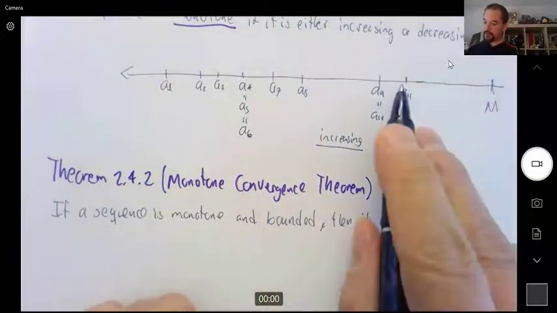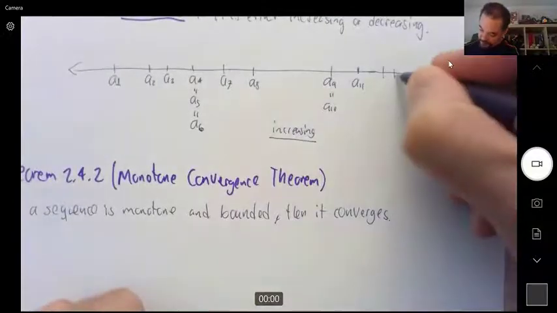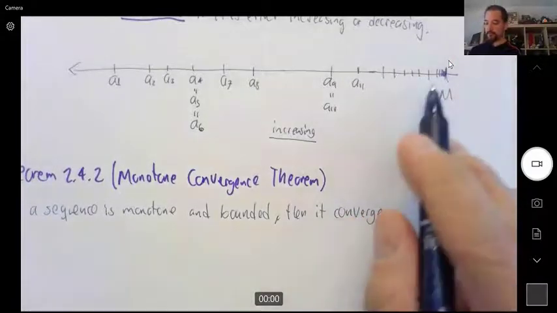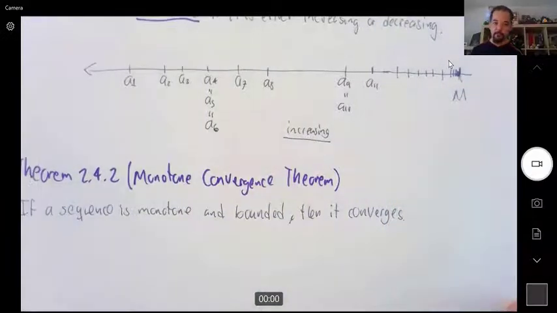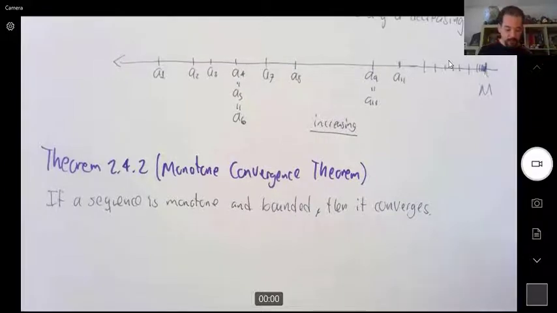So my sequence will not pass this letter M. Then eventually these numbers need to start accumulating near M. The sequence will be convergent to a number either M or before, right? It could happen before.